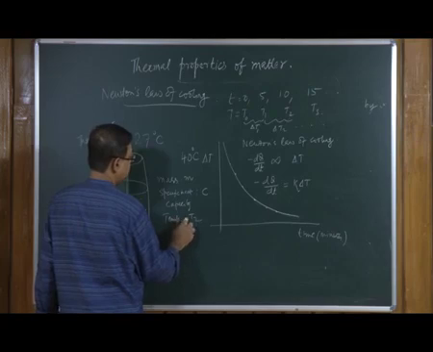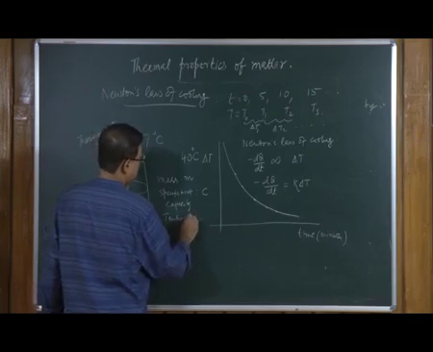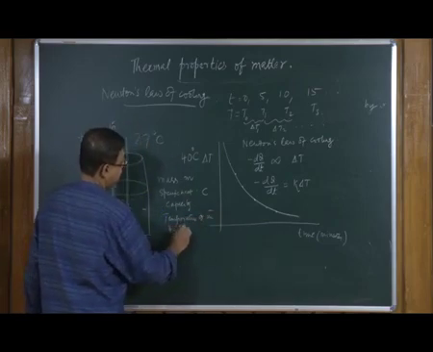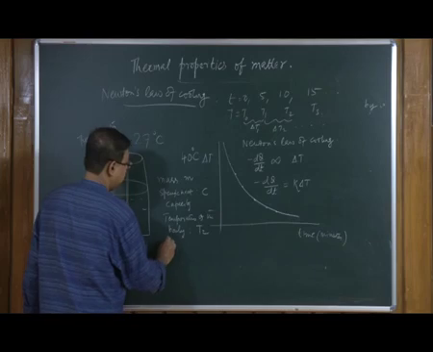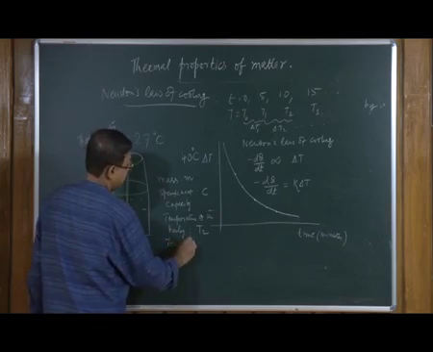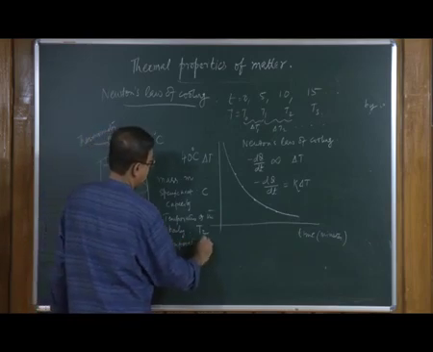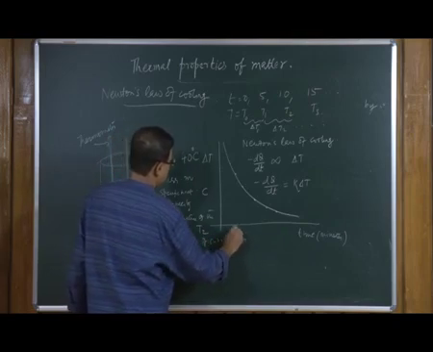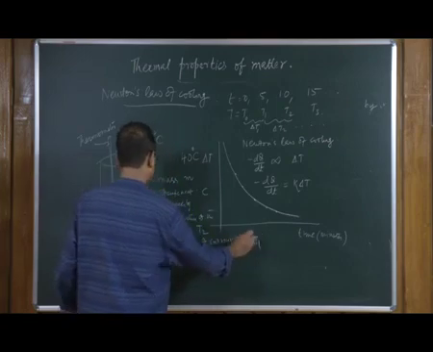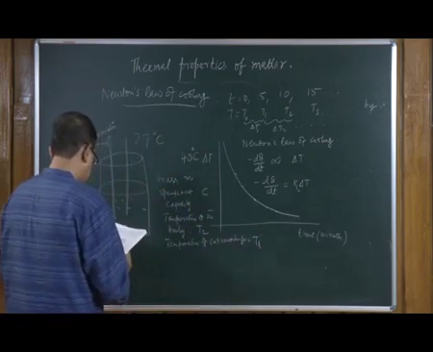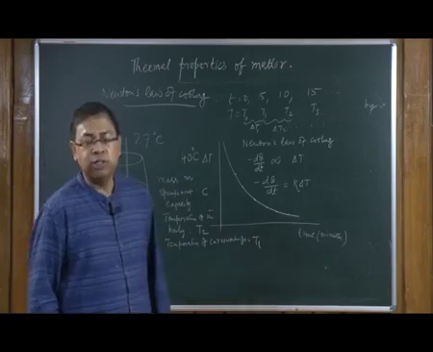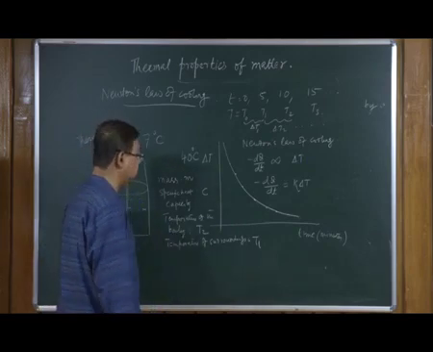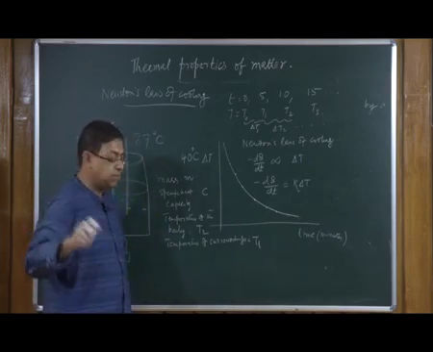So, temperature of the body is T2, and temperature of surrounding is T1. So, if the temperature falls by a small amount dT2 in a certain time interval dt, that is small t.